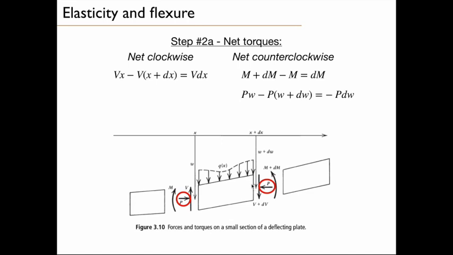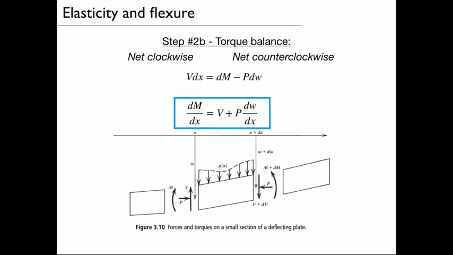So the net torque is P times W for this side minus the contribution from that side, which is P times W plus dW. This gives us a net torque of minus P dW. This is a counterclockwise torque.